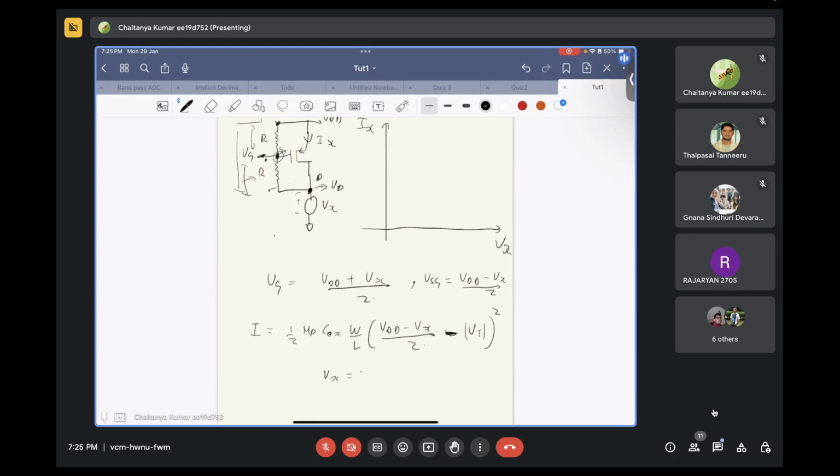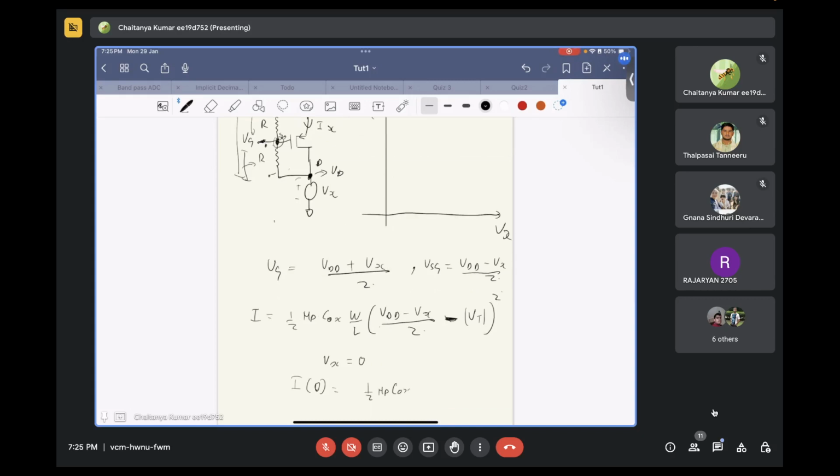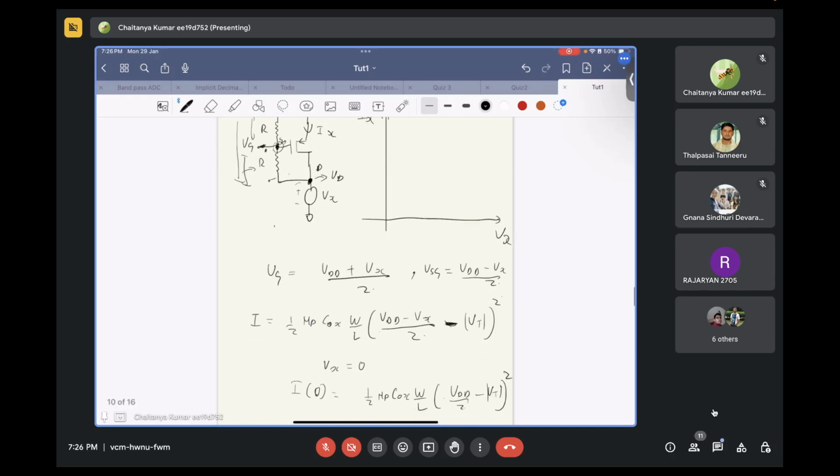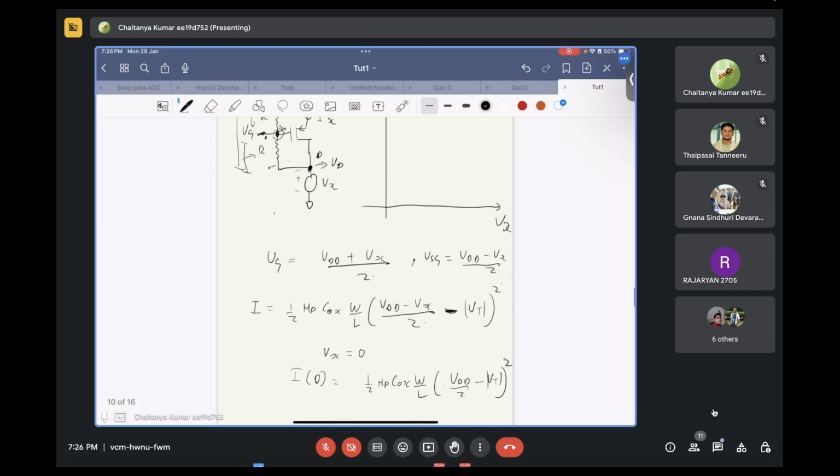Vx equal to 0 means I of 0 is equal to half mu p Cox W by L times (VDD by 2 minus modulus of Vt) whole squared. Is this clear? Yes.